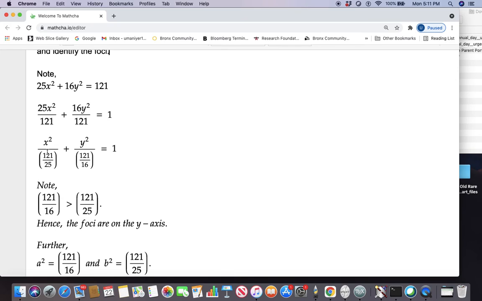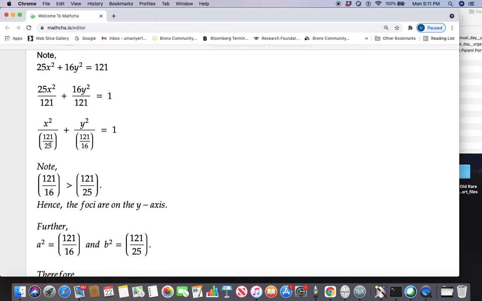Notice I need x squared over some quantity, so I'll write the 25 below. All right. So now look at these two numbers. Which of these two numbers is bigger? 121 over 16, that's a smaller denominator, so this is bigger.